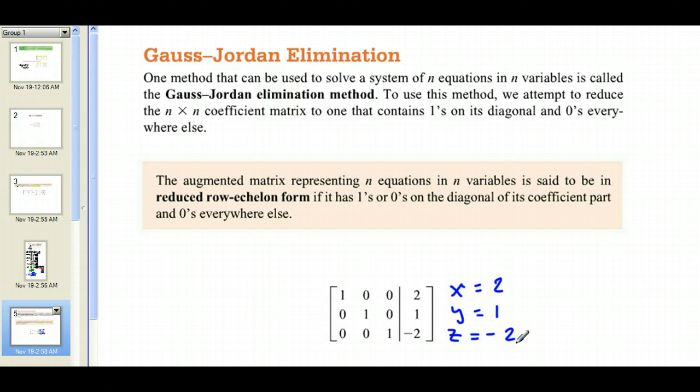Okay, so the nice thing about the Gauss-Jordan elimination method is once you get that identity matrix on the left, remember that is the identity matrix, this is your solution. These values over here are your solutions.